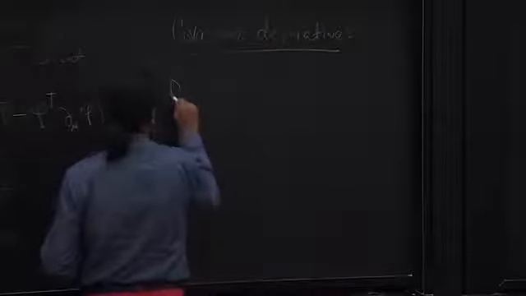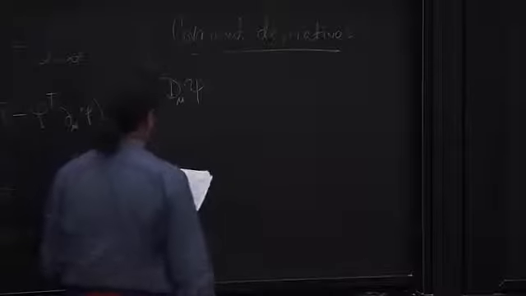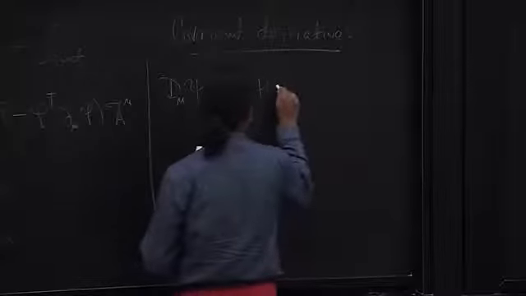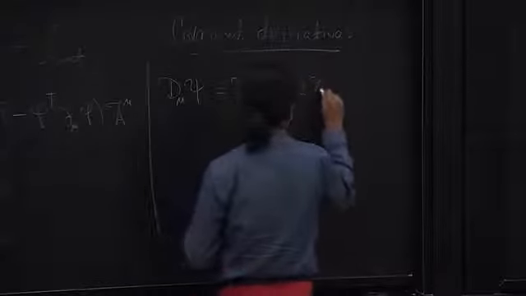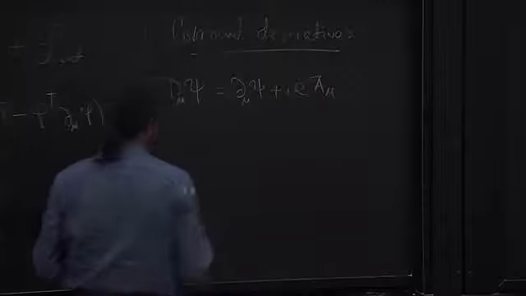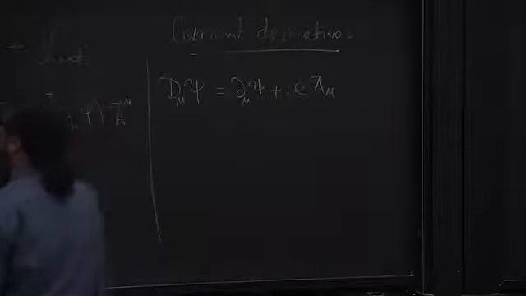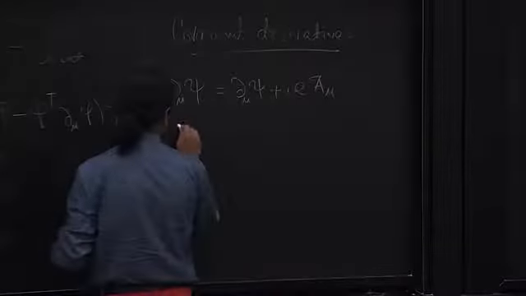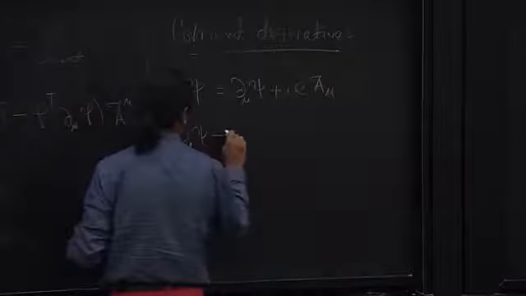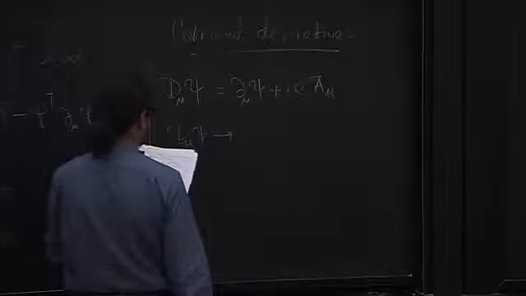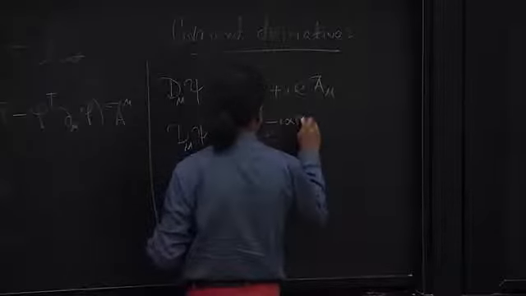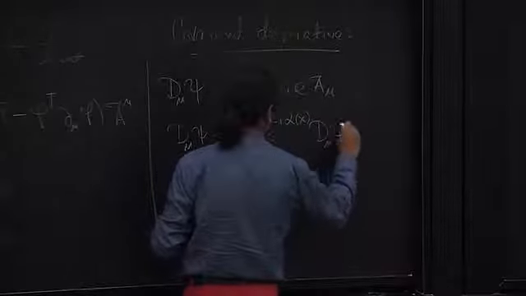So if we define a new derivative acting on, say, the Dirac field by this, then under a gauge transformation, which by gauge transformation we now mean this, this derivative operator's action on psi is simply this.